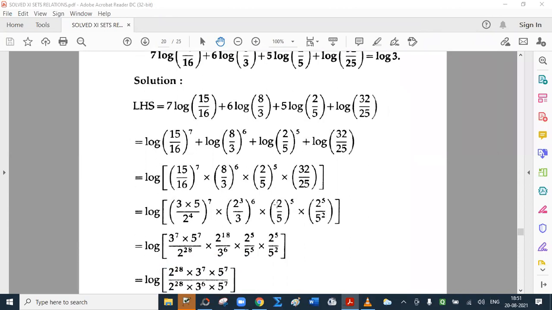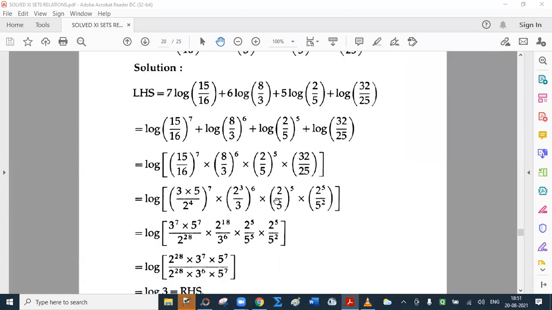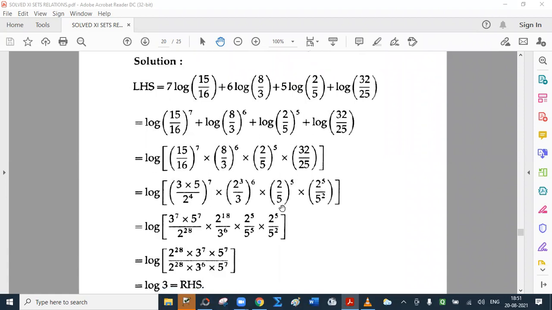Now we express each number as a product of its prime factors. 15 is 3 into 5, 16 is 2 raised to 4, 8 is 2 cube, 25 is 5 square, and so on. Use the laws of indices, a raised to m raised to n is a raised to mn, and so on.